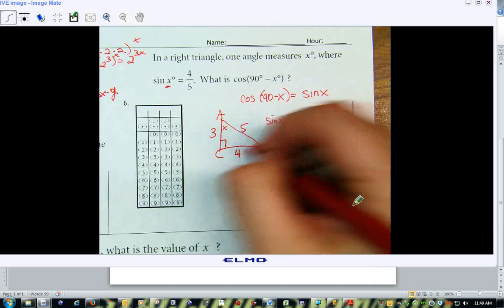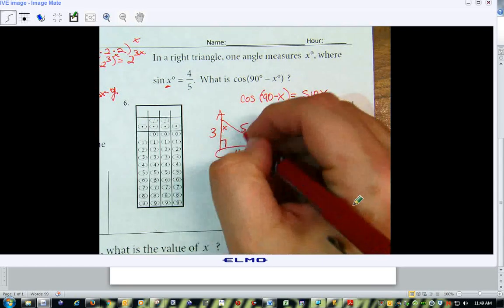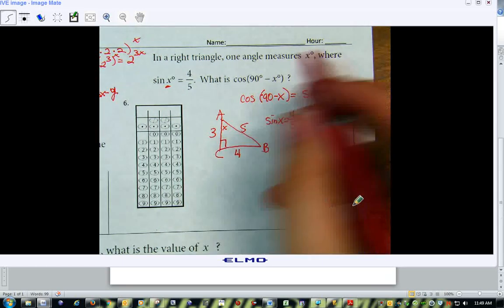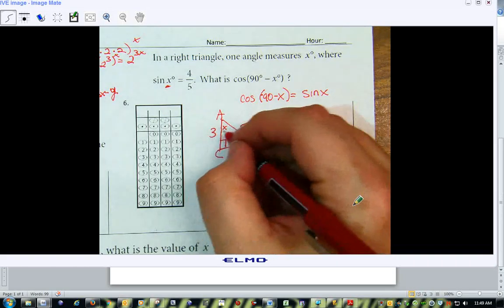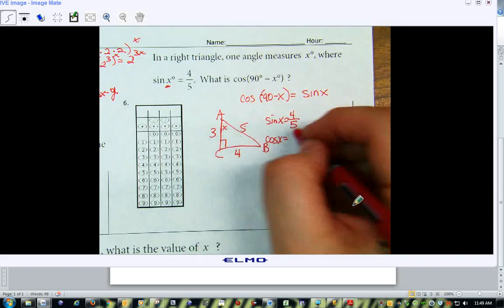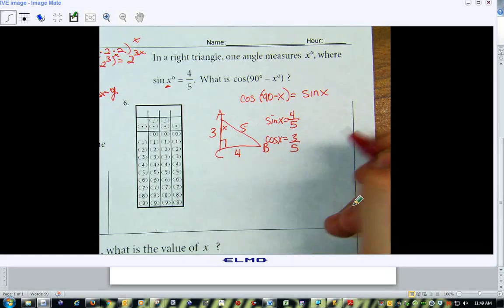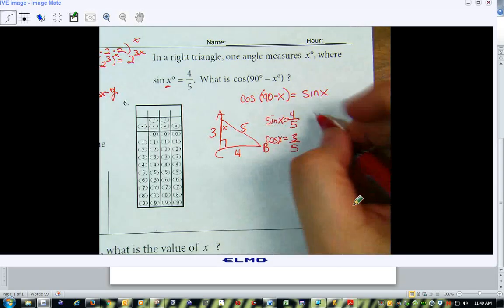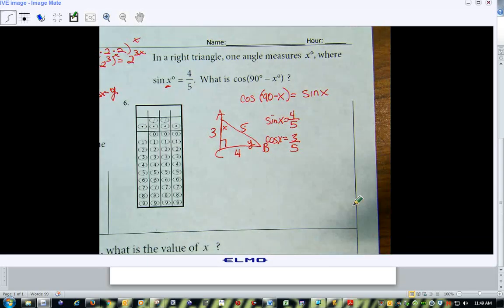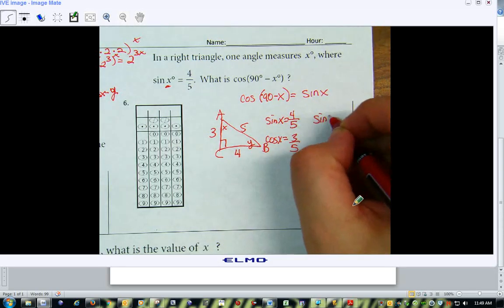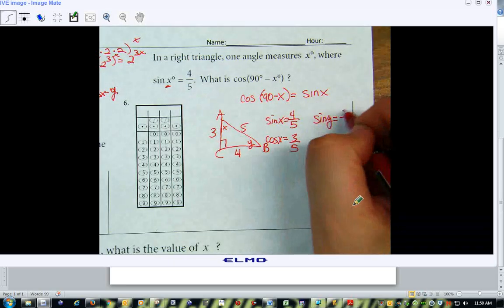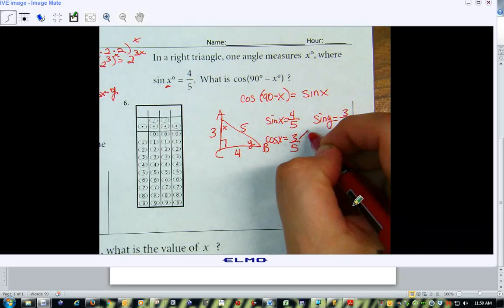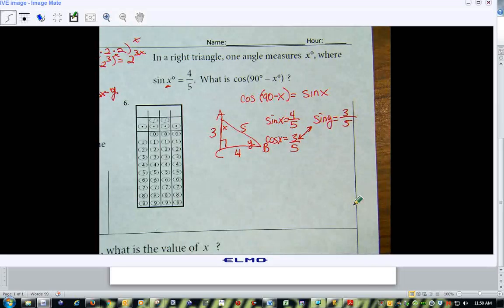Cosine of x is equal to the adjacent side, which is 3 over 5. Now, if I'm looking at y over here, the sine of y is the opposite side, so it would be 3 over 5. Now take a look at these two. Are those the same? Yeah. So the cosine of x is equal to the sine of y.